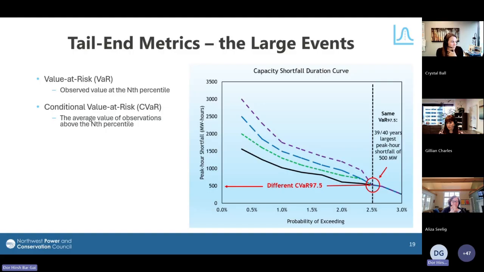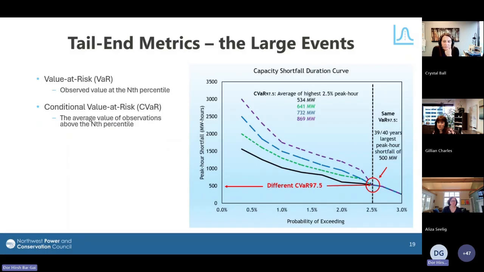Conditional value at risk is now averaging the value of observations above the nth percentile. That was difficult for me to say. And what you can see here on the screen is that the average of these five, the lowest is 534, and the highest, again the purple line, is just shy of 870 megawatts. Depending on which one you use, you can now start to differentiate.